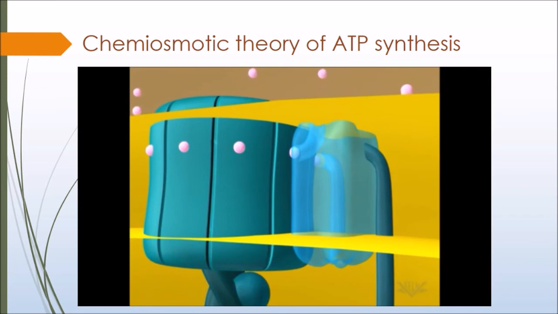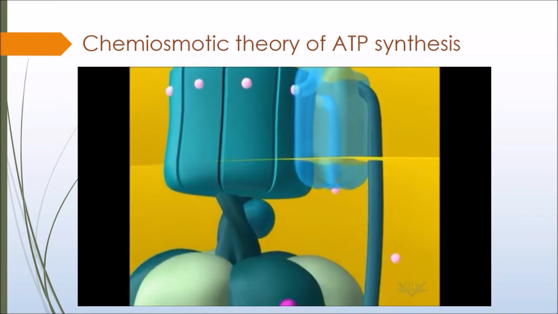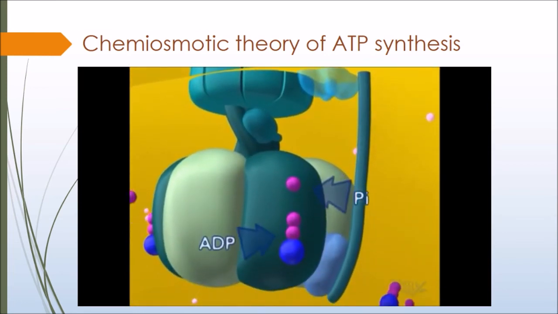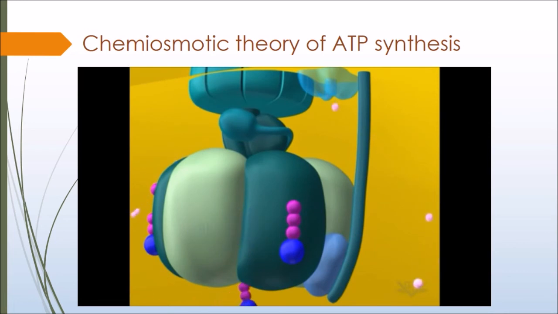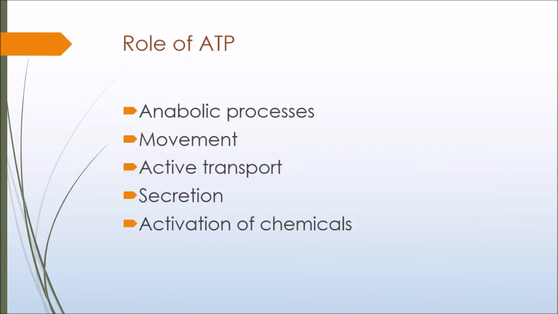Once 3 protons have entered the matrix space, there is enough energy in the ATP synthase complex to synthesize 1 ATP. In this way, the energy in the hydrogen ion gradient is used to make ATP. As you see, I have explained the chemiosmotic theory briefly, but in next lessons you will learn it in the topic of the electron transport system.